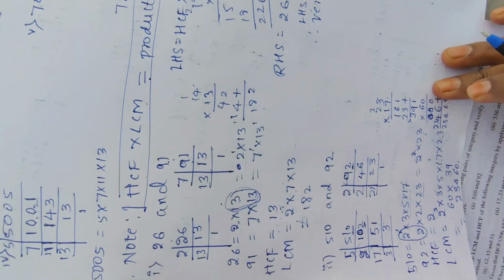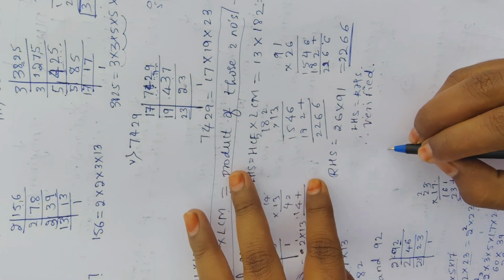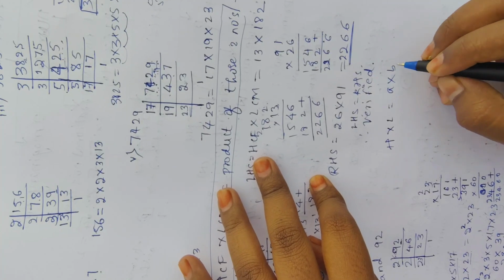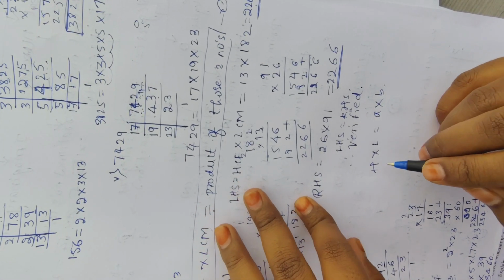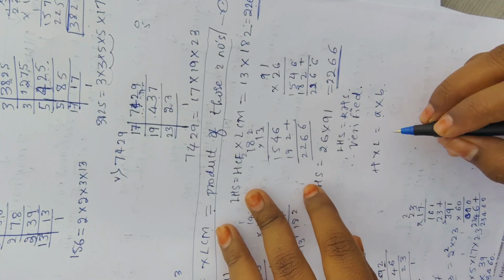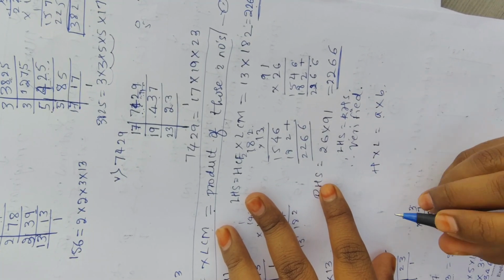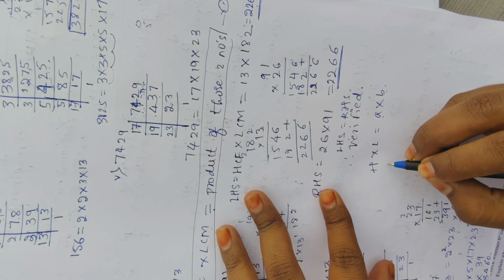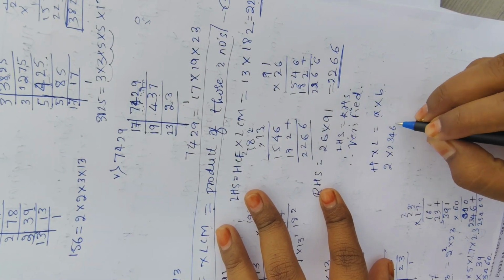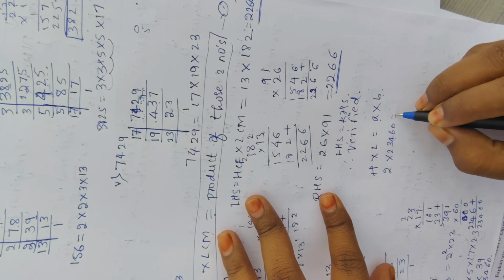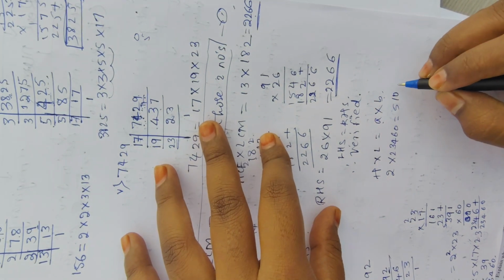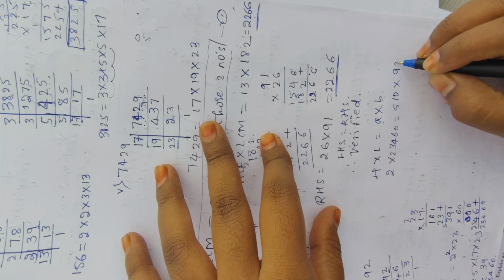Yes, we have the formula: HCF into LCM is equal to the product of those two numbers. We take the numbers as A and B here simply. So we got HCF as 2, LCM as 23460. We are having the number A as 510 and B as 92.